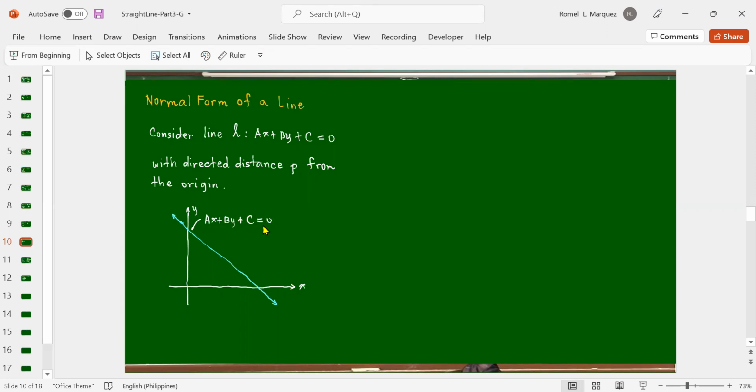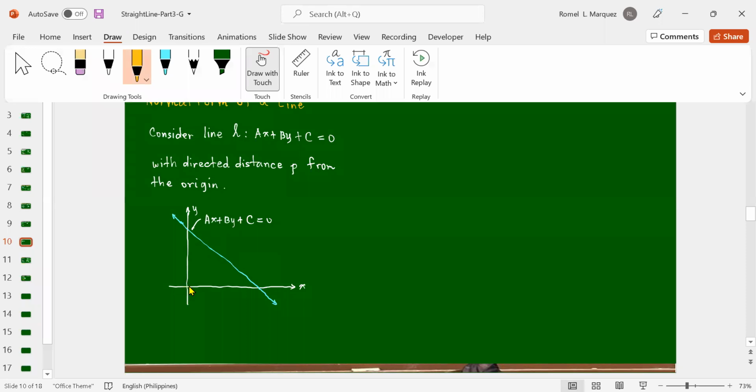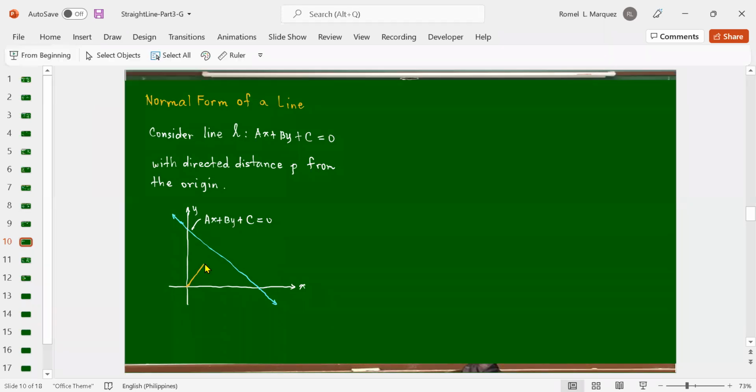That is in general form. But what we want is its form such that it will involve the p and the normal angle. Okay. So this is the directed distance. So it means it is perpendicular here at this point now. Let's call this point P, (x sub 1, y sub 1). So that particular point. Okay, guys?